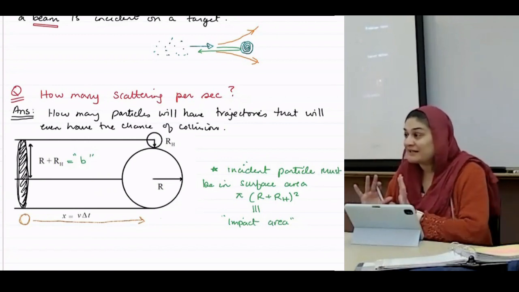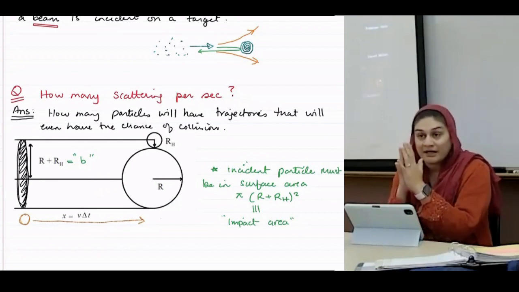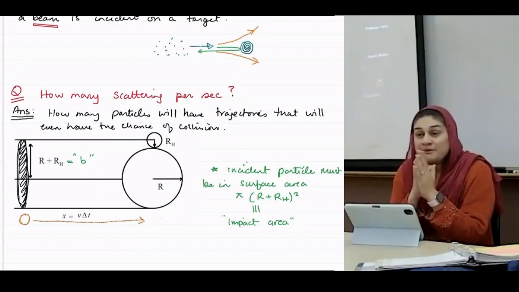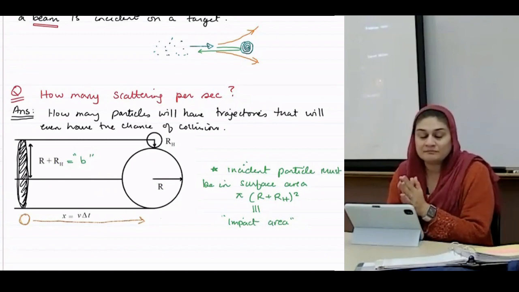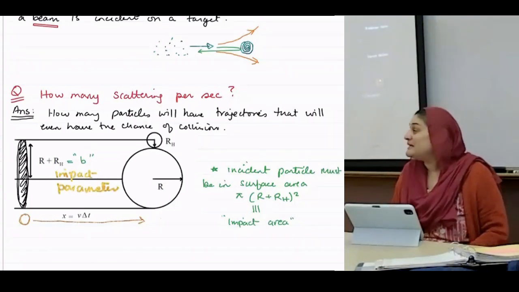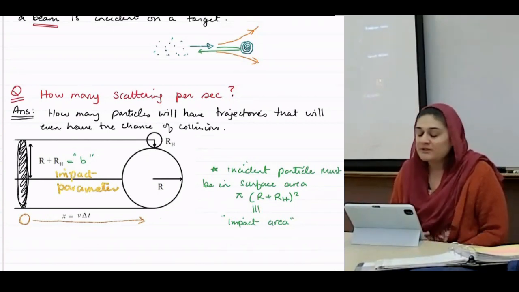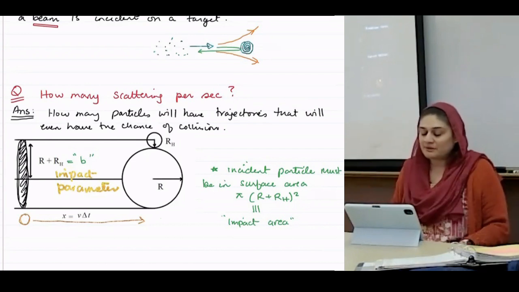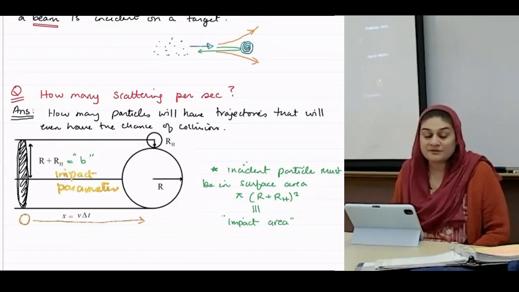So the impact area is just the area where the two balls will collide. Impact parameter is the radius where the collision will happen. So b is now called impact parameter. Okay, but we haven't actually answered our original question. We've just redefined a few things.